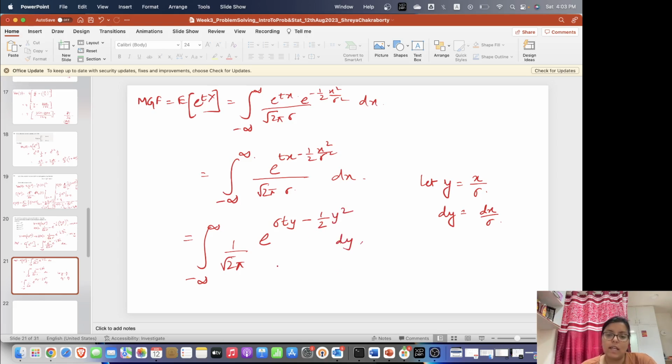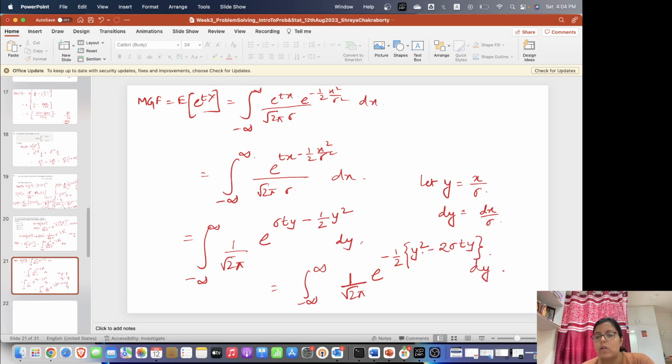Now if we take minus half common, this can be written as y square minus 2 sigma ty dy.